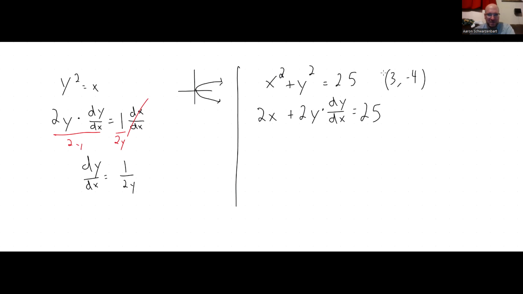So I'll subtract 2x from each side, giving me 2y dy/dx equals -2x plus 25. I will divide by 2y and get, oh, I forgot something ever so important.